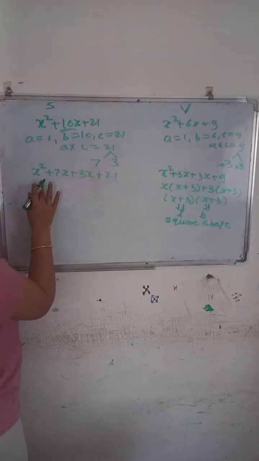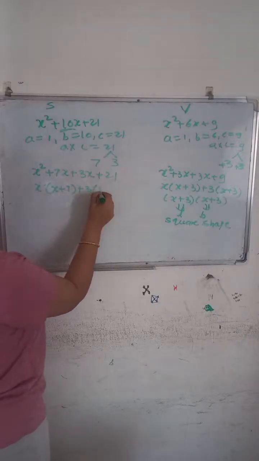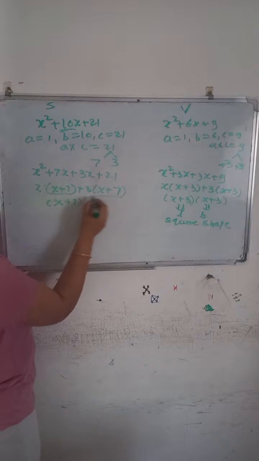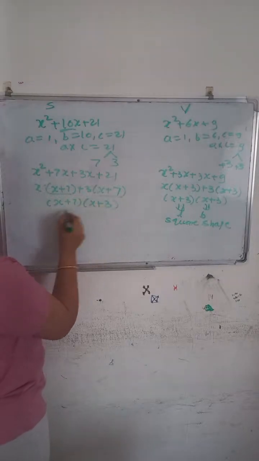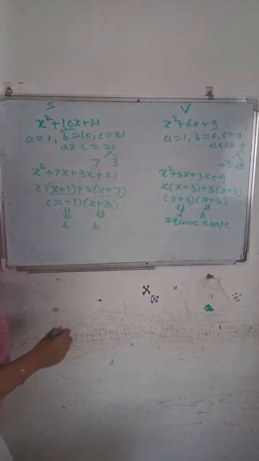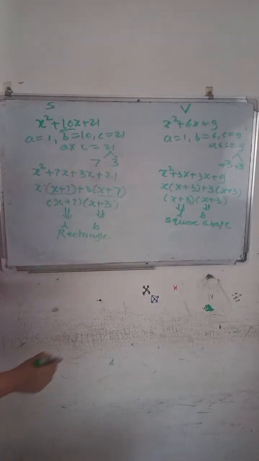So take x out, x plus 7, plus 3 inside the bracket, x plus 7. So here take x plus 7 common again, and this is x plus 3. So this is length and this is breadth. So maybe this is a rectangle. Can you get it? So the 11th and 12th question answers we are getting. So the 11th and 12th we finished.